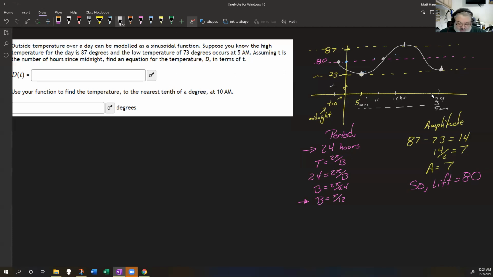Now, we've got to make a decision. Do you want to use a sine function or do you want to use a cosine function? Since we're starting at a low point, we should use sine and shift 5 to the right. If you wanted to start at this low point, we could use cosine. But we did just go to the trouble to figure out where that midpoint is, right?